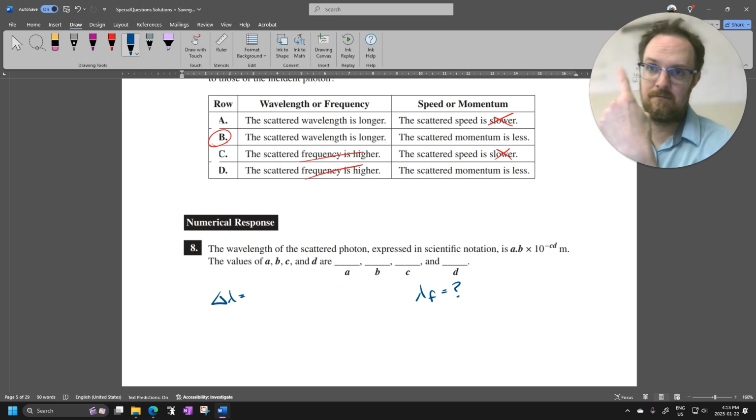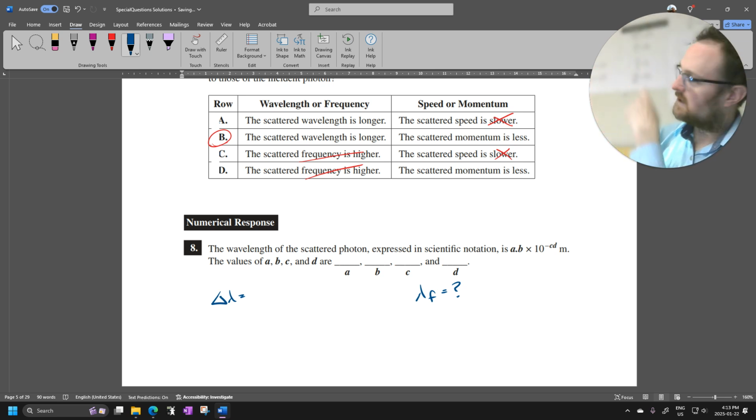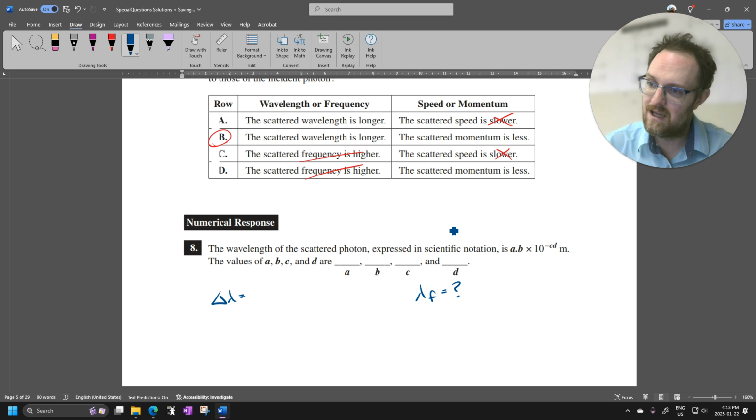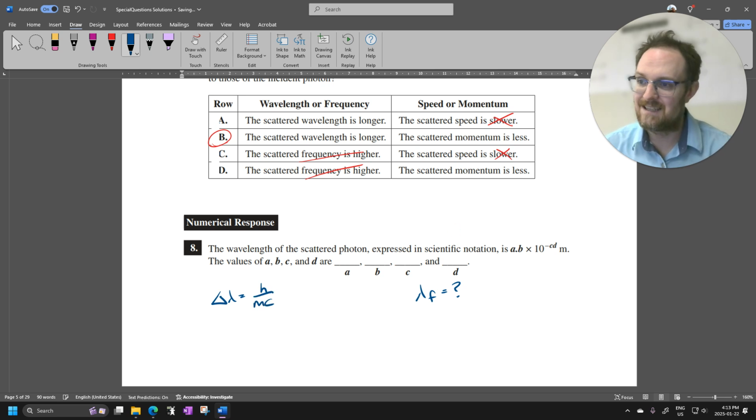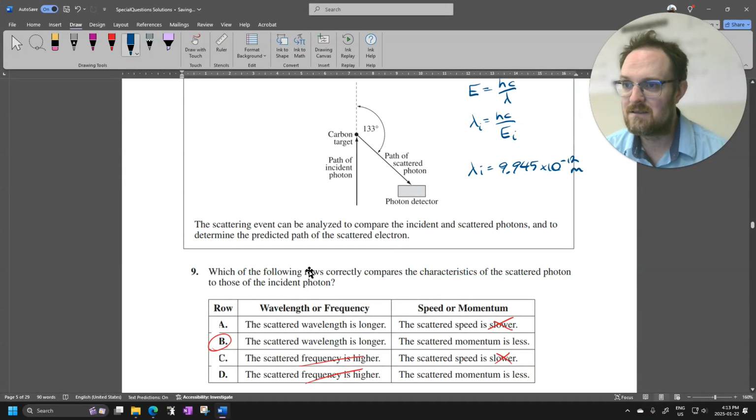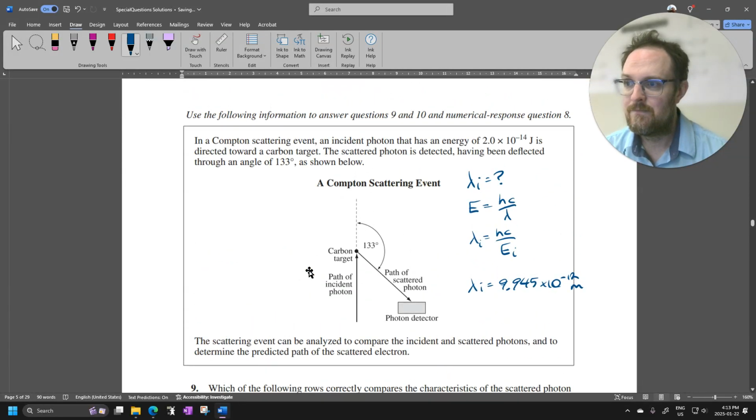Compton says that the change can be calculated by going h over mc, where m is the mass of whatever it hits. If it doesn't mention what it hits, right there, scattered electron.